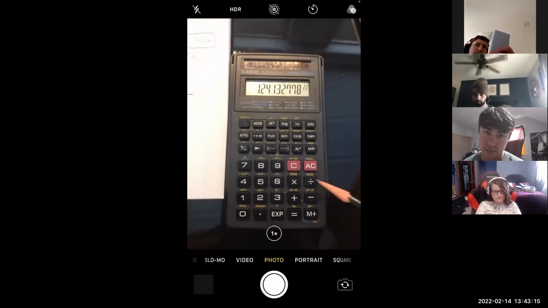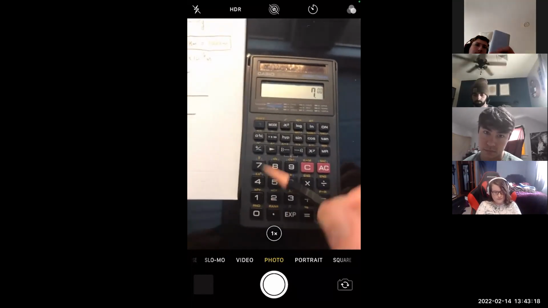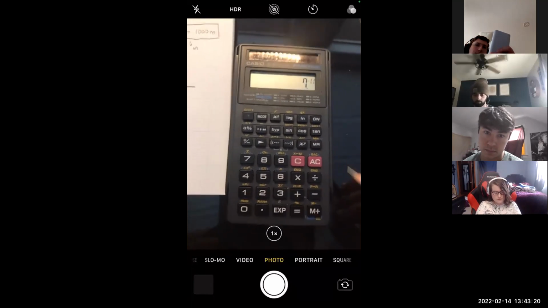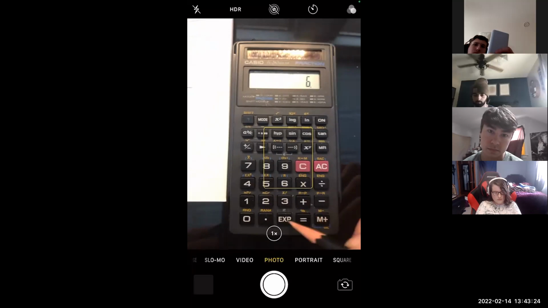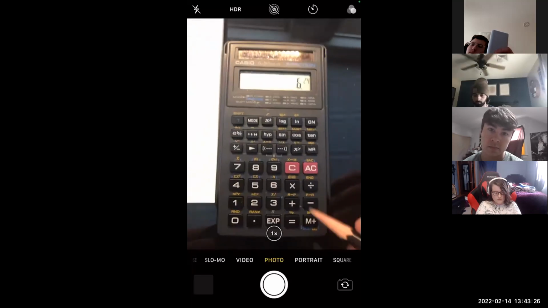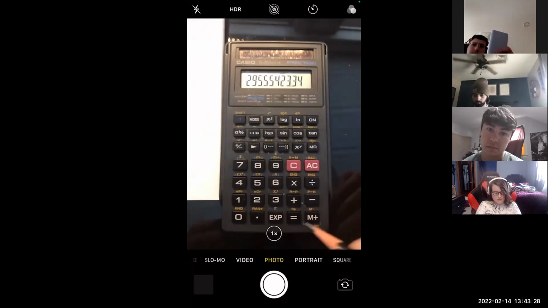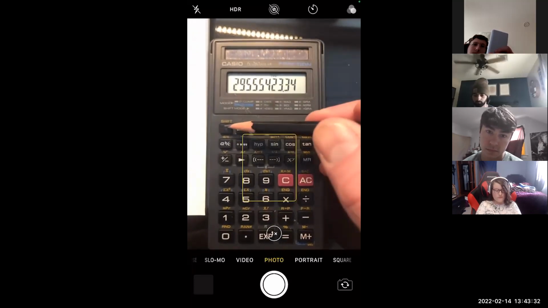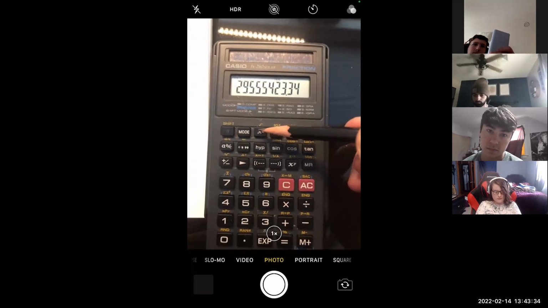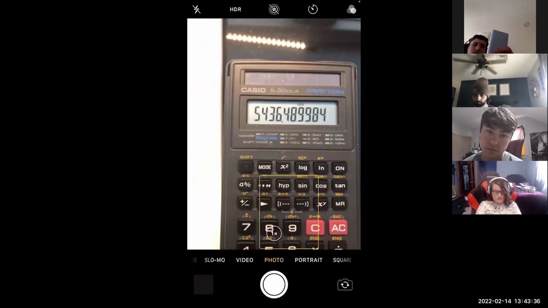Now I'm going to divide by G, negative 11. And I will divide by the mass of Earth, 6 exp24. Then I will hit equals. Now we've got to square root this, so at the end we're going to hit shift square root. Everyone hold up your calculators and show me that that's what you got.